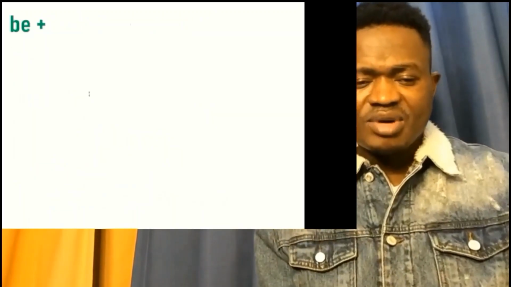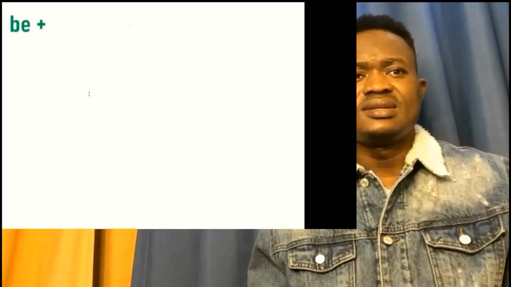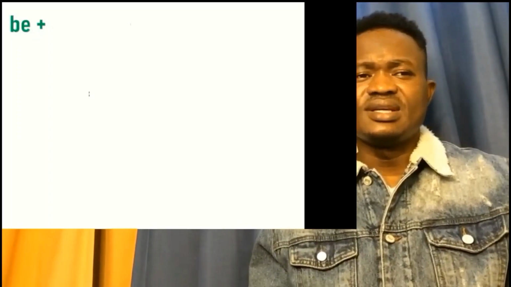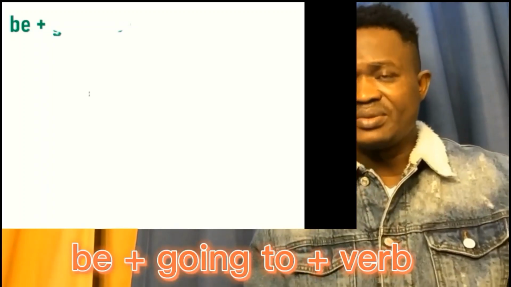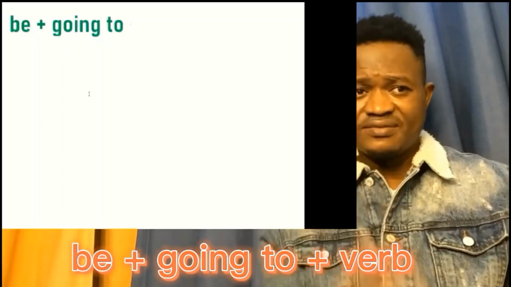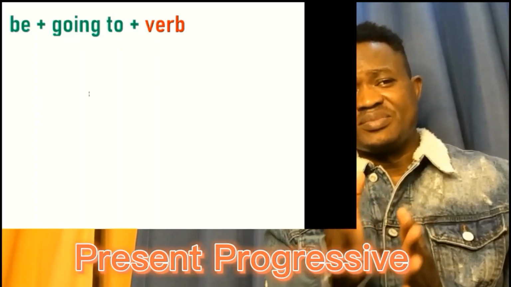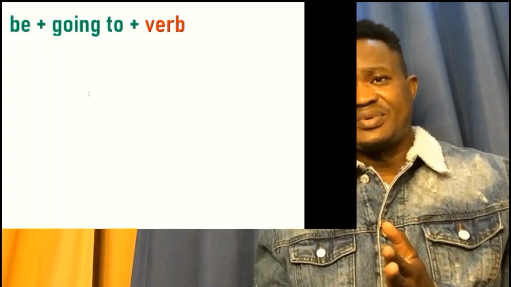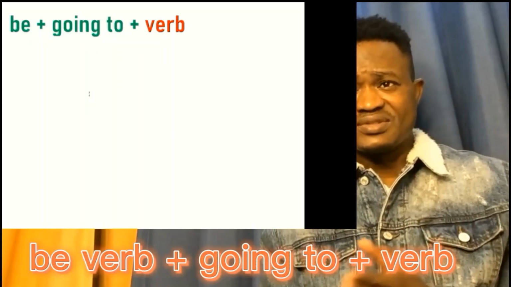Now let's talk about be plus going to plus verb. This is one of the differences you gotta know between the present progressive and be going to plus verb.